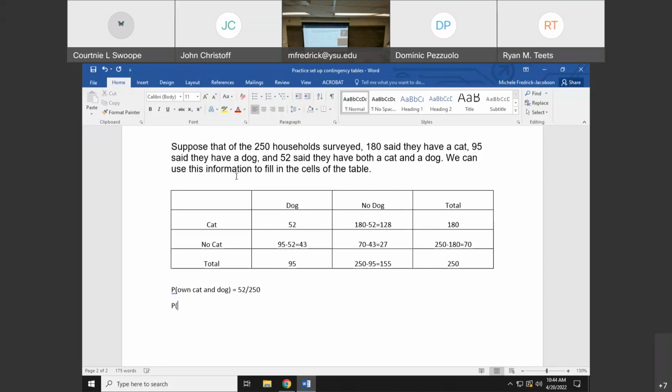What's the probability own a cat given they own a dog?